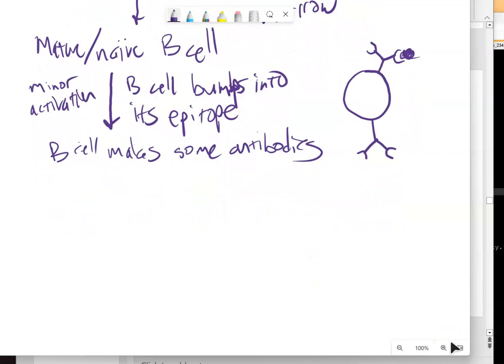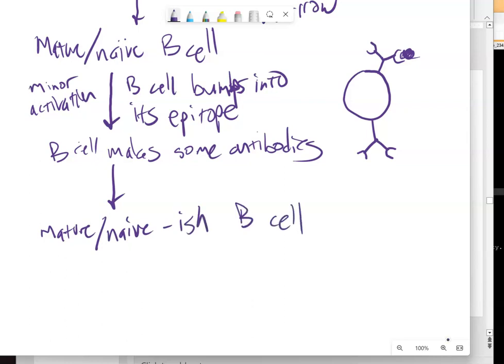And so now I'm going to call this a mature, naive-ish B cell. It's not really naive because it has seen its epitope, and naive lymphocytes are the ones that have never seen their epitopes.